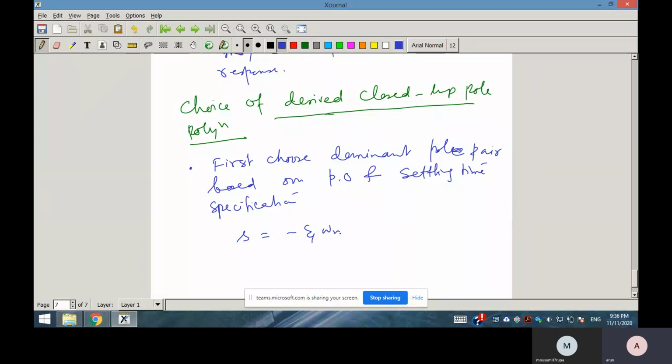So the dominant pole pair is minus zeta omega n plus minus j omega n into root under 1 minus zeta square. So what is your zeta? Peak overshoot is equal to e to the power minus zeta pi by root under 1 minus zeta square. And settling time ts is equal to 4 by zeta omega n.